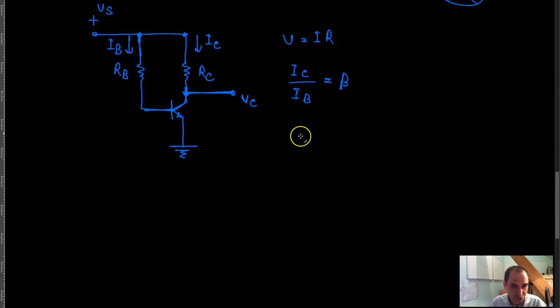But in this particular case, let's say that your R of C is equal to, for example, 4.7 kilo.